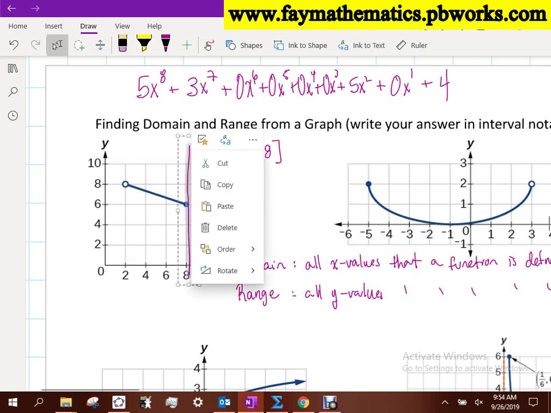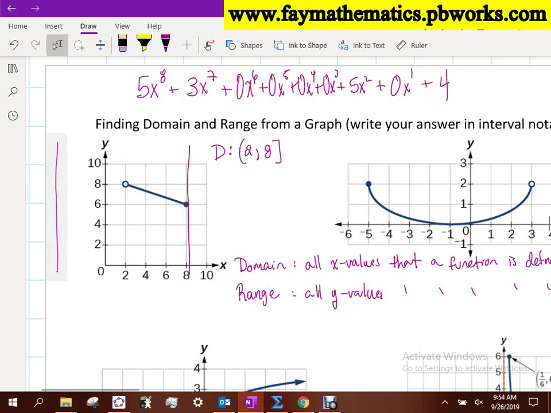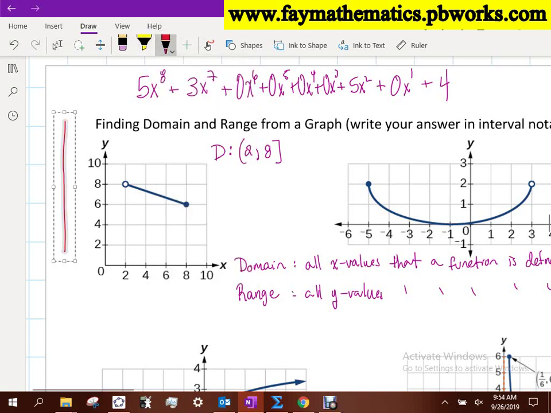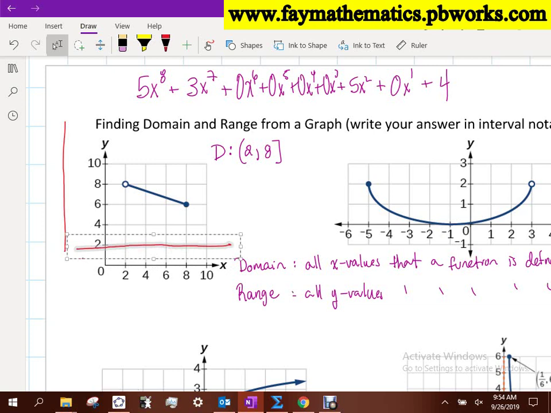Now, usually people, after a little bit of work with this, get the domain 100% of the time. The range is the one that, in the past, I've seen a lot of struggles with. And it's because of the structure. We're going to use a horizontal line, but we're going to read from bottom up.